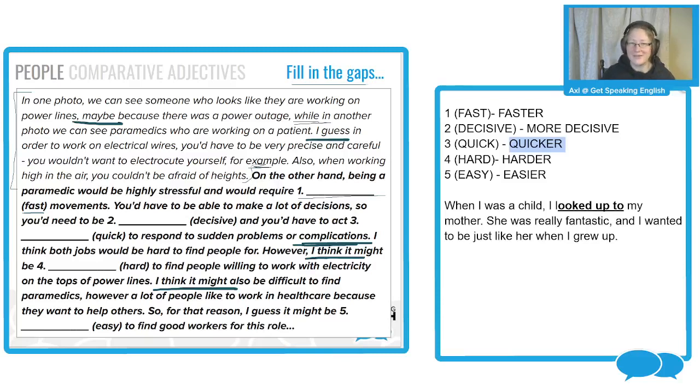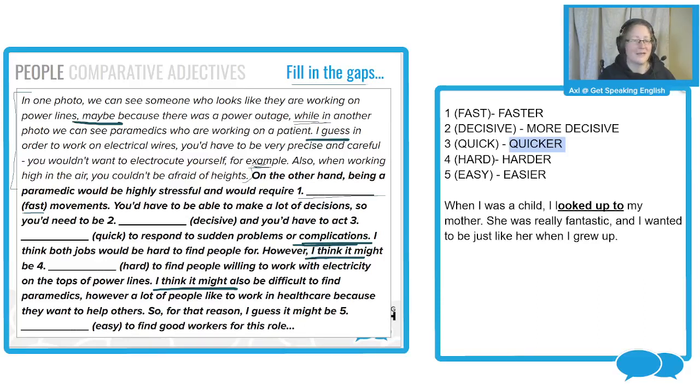And complications, those are just little medical problems that might come up during surgery, for example, or maybe if you are healing from an illness, you might take a medication that will cause complications, so other little problems.